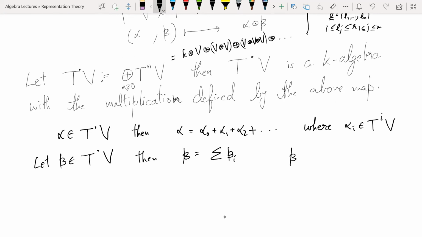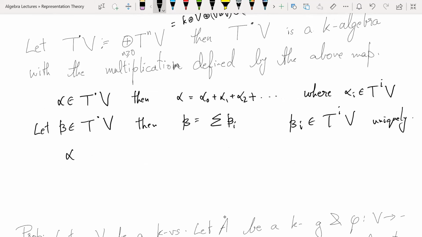There is no choice. There is a unique element alpha 0 in K, alpha 1 in V, alpha 2 in V tensor V, such that alpha is the direct sum of these, and beta I in TIV uniquely, in both places.